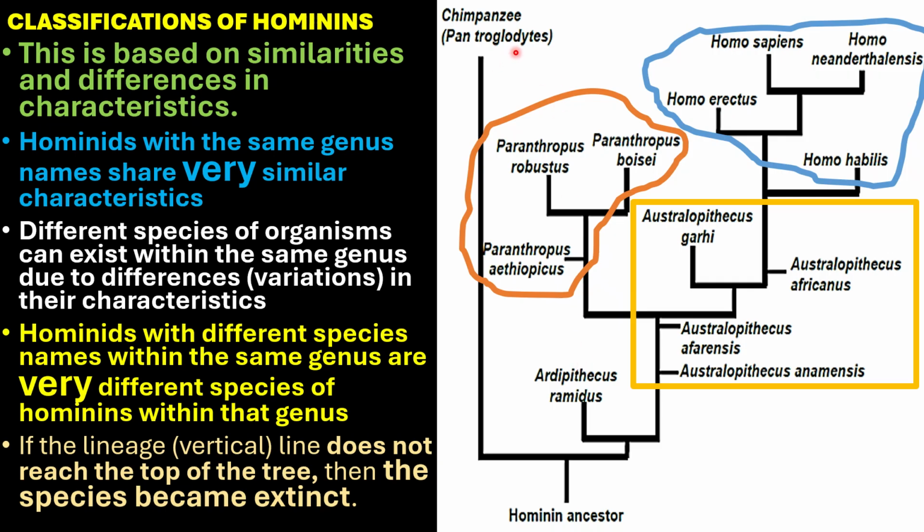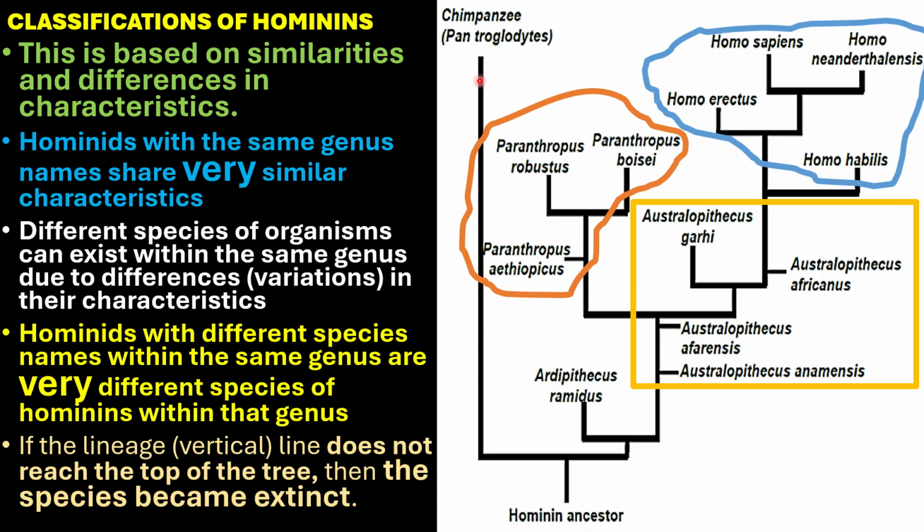You have to count the second names: 1, 2, 3, 4, 5, 6, 7, 8, 9, 10, 11, 12, 13. So there are 13 species names, and that is what is displayed here. So this phylogenetic tree consists of 5 genera and 13 species names. So that is how you interpret this tree.